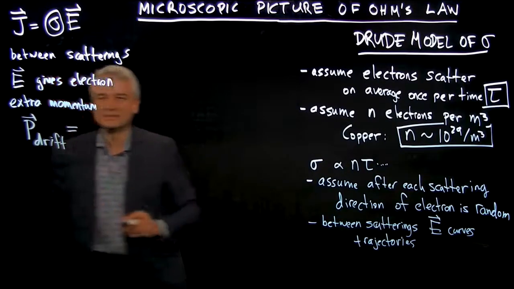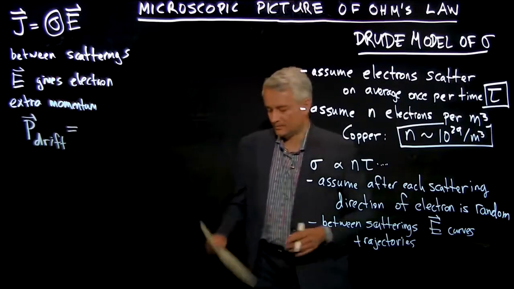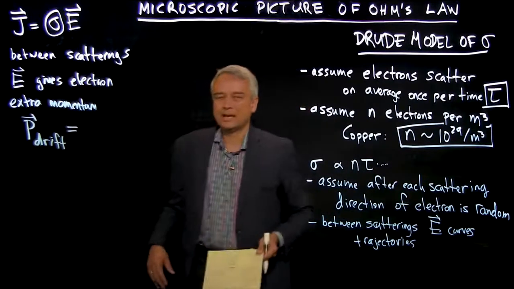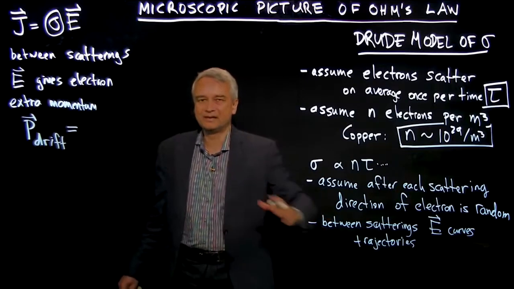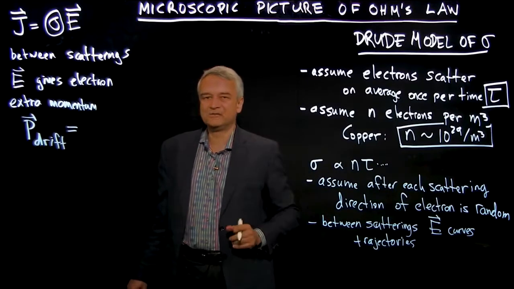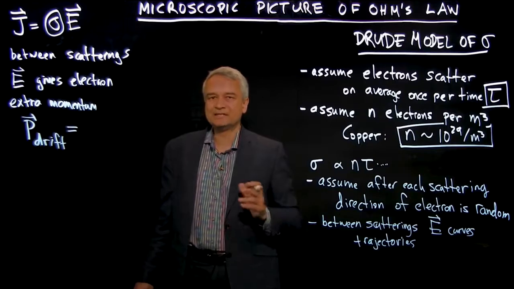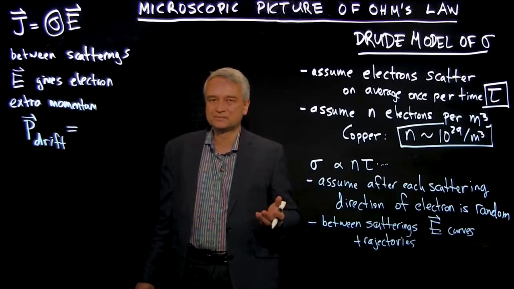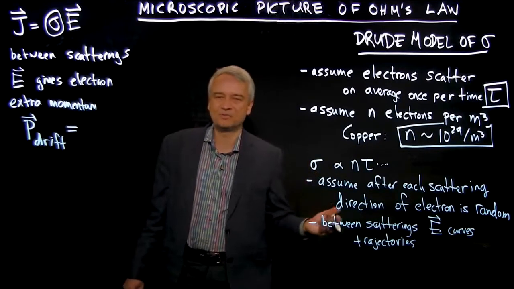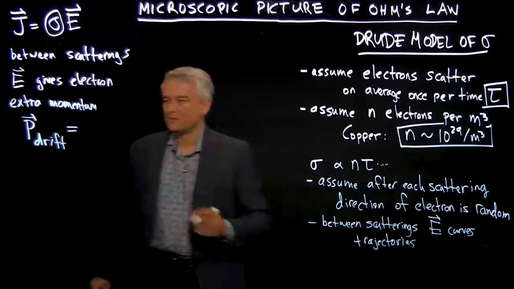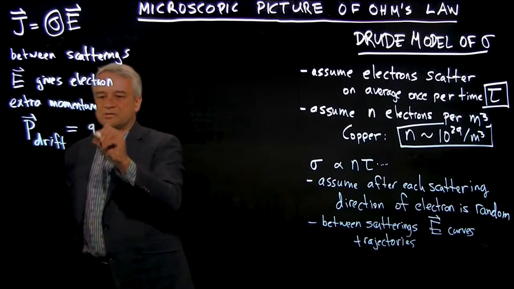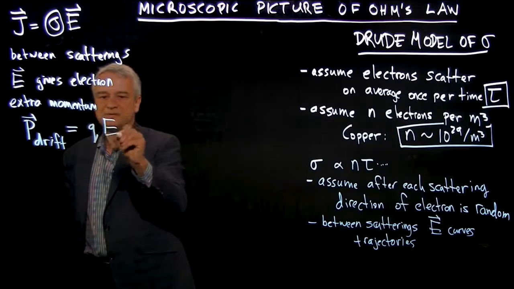And how big is that extra momentum? Well, when I have a charged particle flying for some time tau, feeling a force, the momentum that it picks up will be the force times the time over which the force is acting. So what's the force? Well, the force is the charge of the electron Q times the electric field.